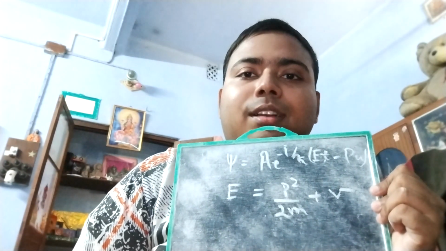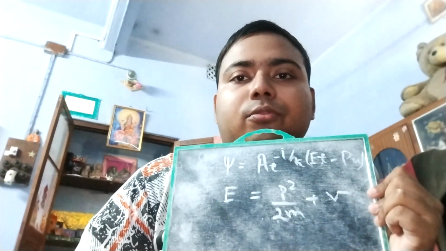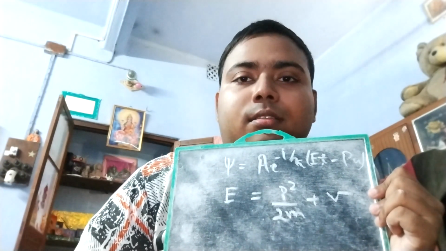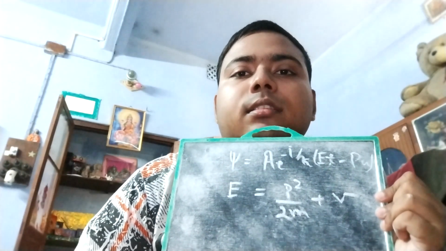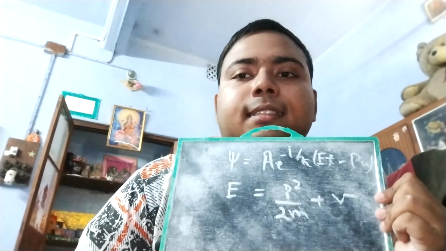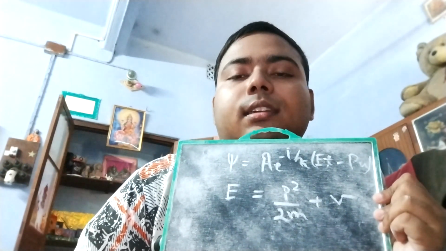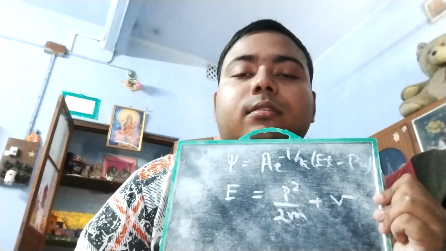And by 2m, the m gets cancelled out, m square becomes m and v square remains v square, and half is down. So you can see the new format is p square by 2m. That will be relevant from now. And the V here is the potential energy that a particle has. In further discussions we will see in box potentials, square wells and finite wells, this comes in handy.